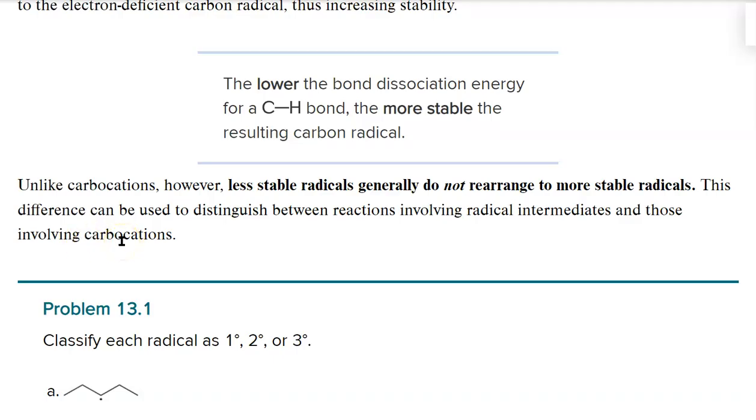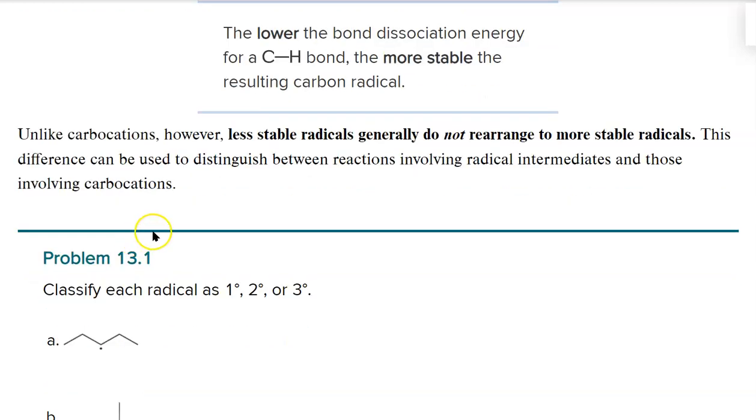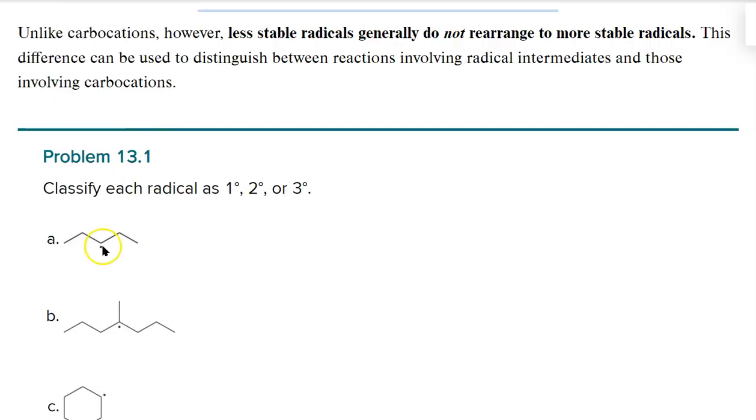In other words, if you're looking at a reaction and you see that to get from this reactant to this product, this thing had to have been rearranged, well, that's a good indication that it probably worked by means of a carbocation. If it doesn't rearrange when it looks like it could have, then that means it was probably a radical intermediate.